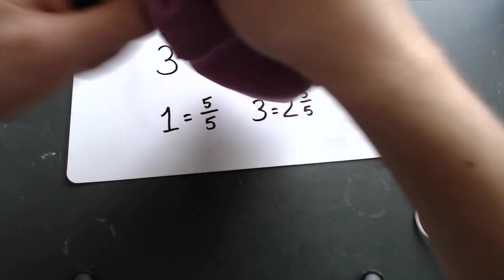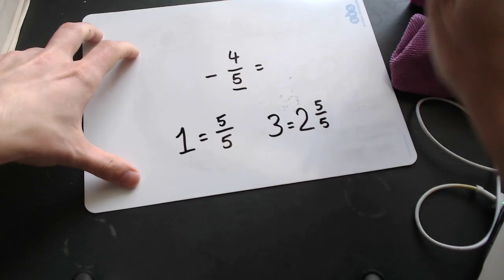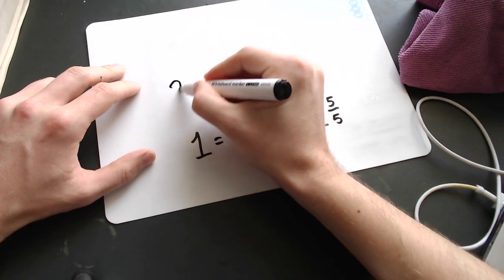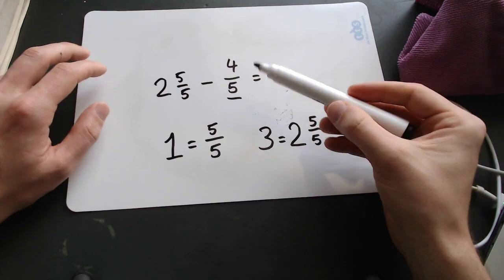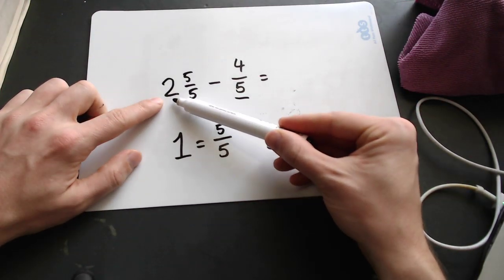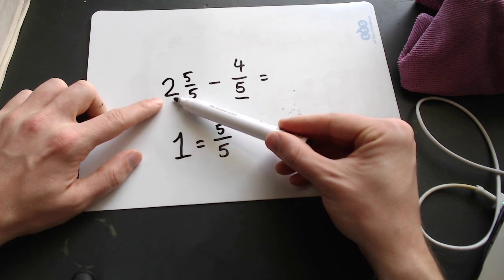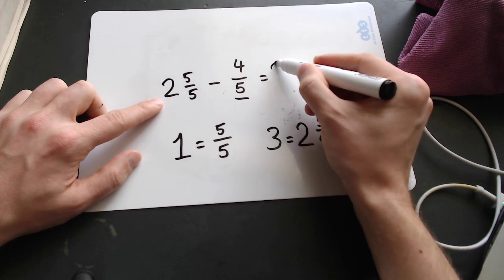So let's try to write it down like that here. So I'm just going to erase this 3. And I'm going to write it down as a mixed number. So I have 2 whole ones and 5/5. Then, and this again is really nice about fractions, we know that these 2 whole ones are not going to change, because there are no whole ones here. I don't have to take anything away. So I can just write down the 2 here.